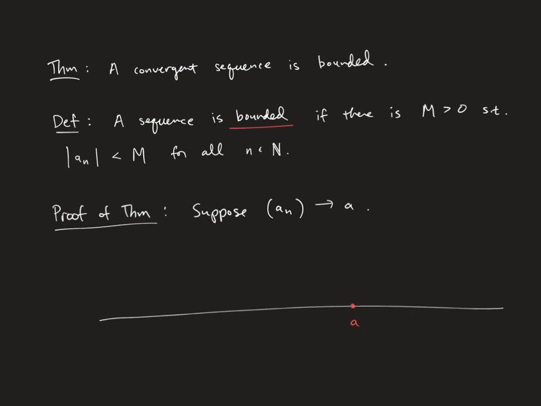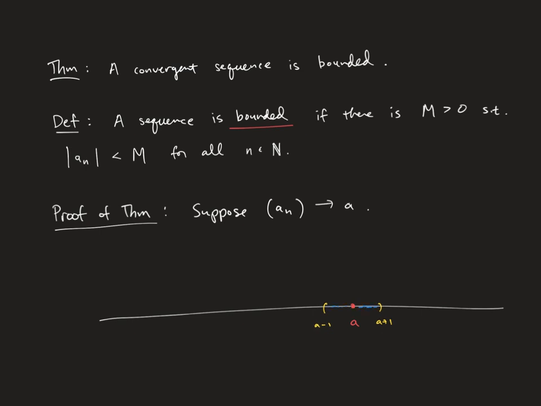And so what that means is that the tail end of the sequence is getting incredibly close to a, right? So sort of the majority of the sequence, the infinitely many terms at the end of the sequence, are in some neighborhood of this a here. So for example, if I take, say, epsilon equal to 1, so if I look at a plus 1 and a minus 1, then the tail of the sequence is going to fall in here.